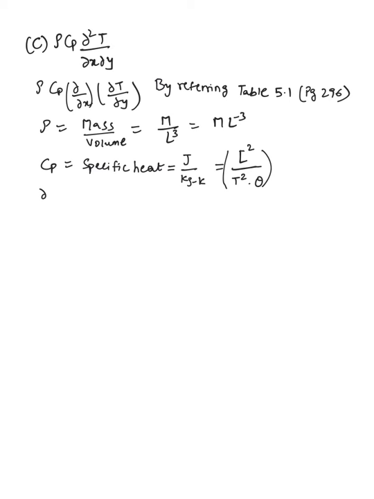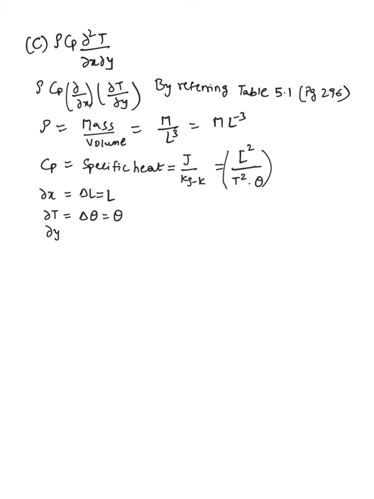Delta x is change in length, which is equal to L. Delta T would be change in temperature, and temperature is represented by theta, so that is equal to theta.